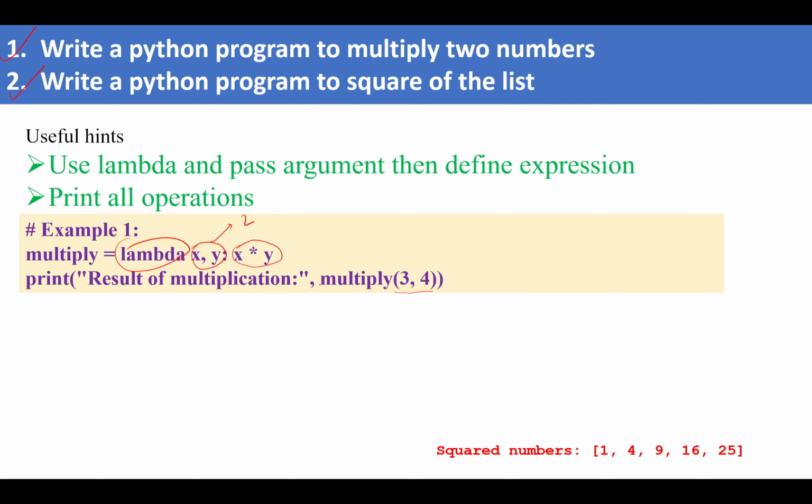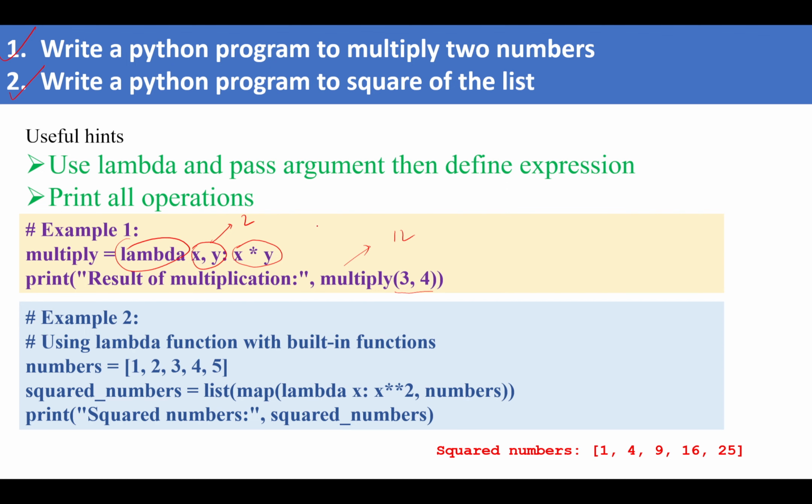After execution of this program, when we multiply, we get the value 12. In this way we multiply two numbers, and that is very simple code using the lambda function.